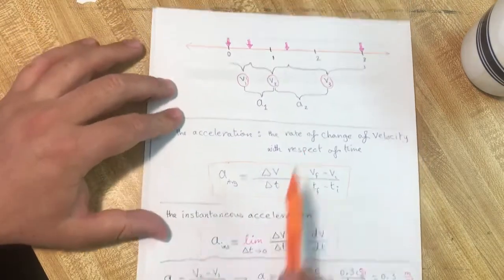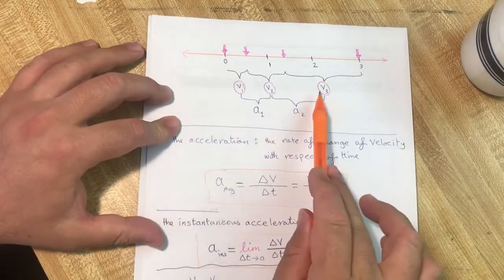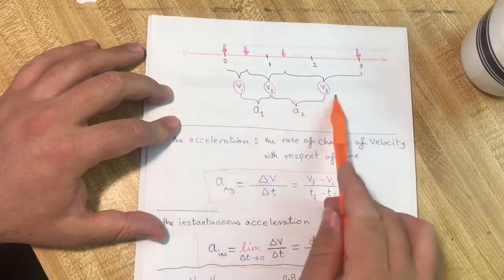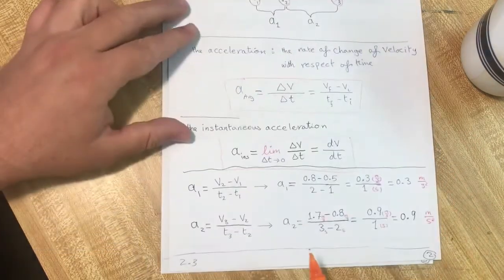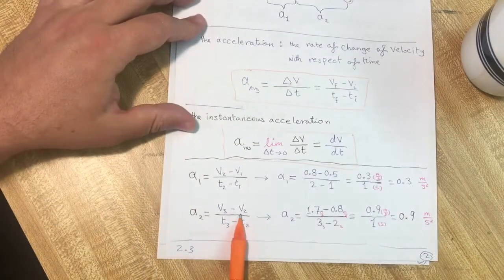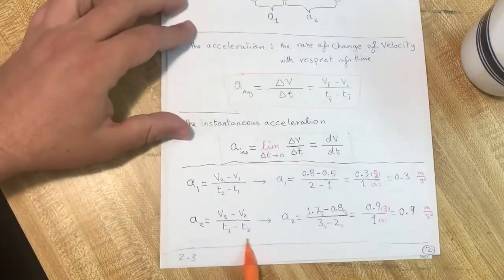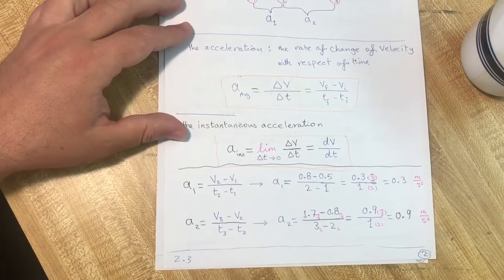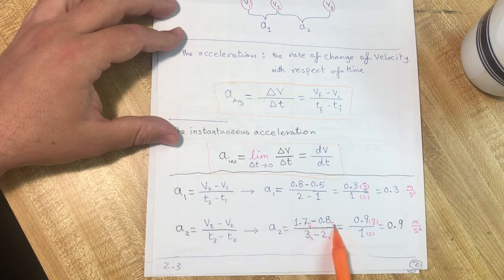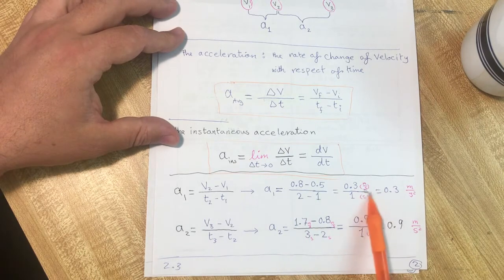What about the other acceleration value? What is the rate of change of velocity in the second stage? It is v3 minus v2 over t3 minus t2. We can put the units at each value, or we can put them at the end of the expression.